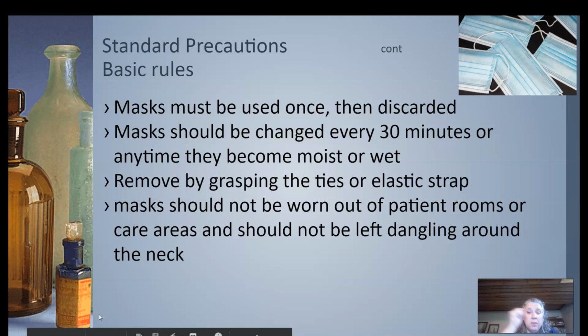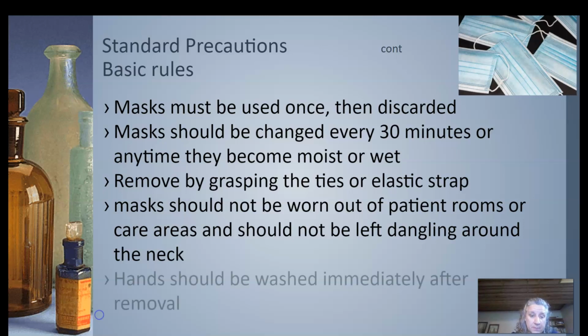You want to make sure you do that because the outside of the mask is contaminated. Masks should not be worn out of a patient's room or care areas and should not be left dangling around the neck. So just like your gown, before leaving a patient's room, you're going to remove it. And again, hands need to be washed after removing the mask.